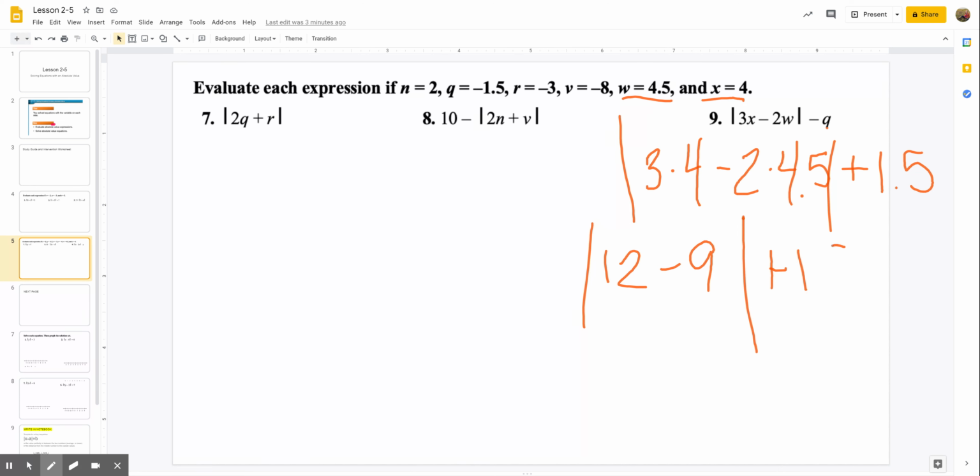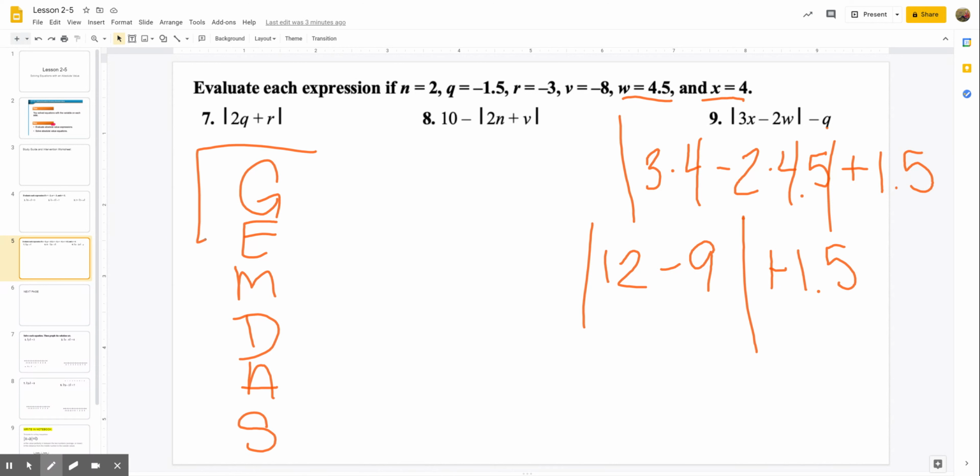You always need to do that first, because we were talking about GAMDAS. One of the reasons we changed it to a G is because it's all grouping symbols, not just parentheses. One grouping symbol included in that is actually these absolute value expressions.